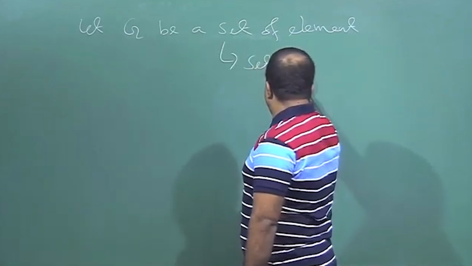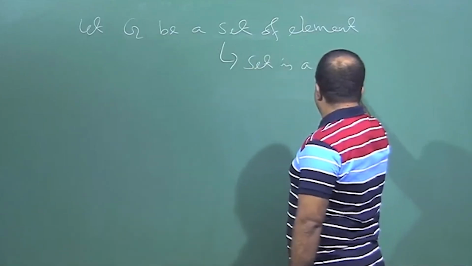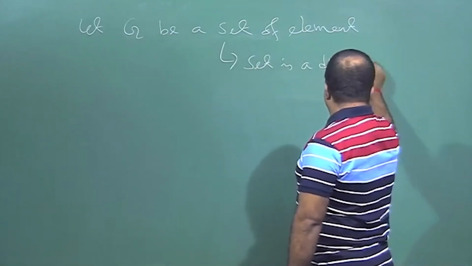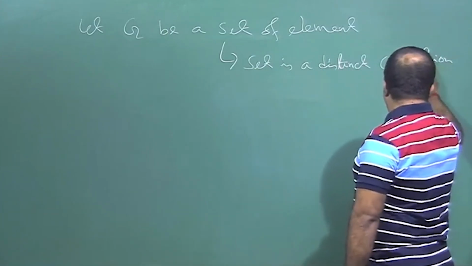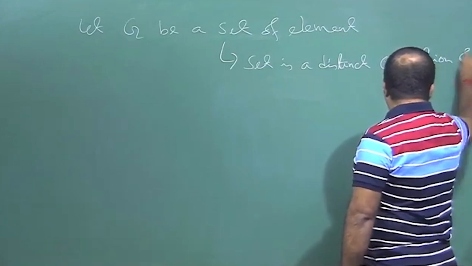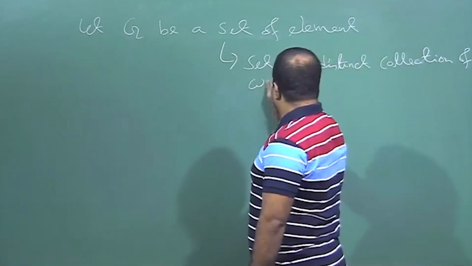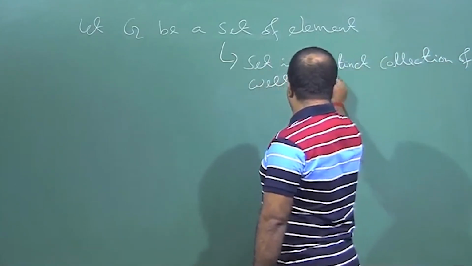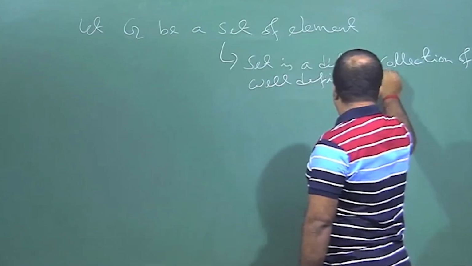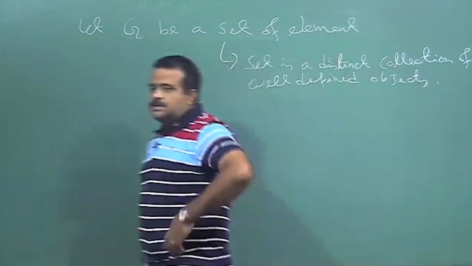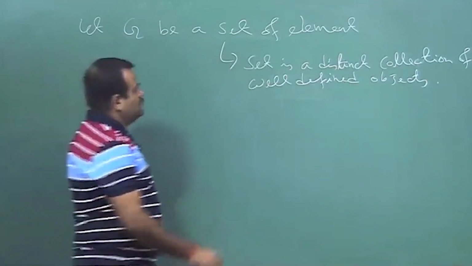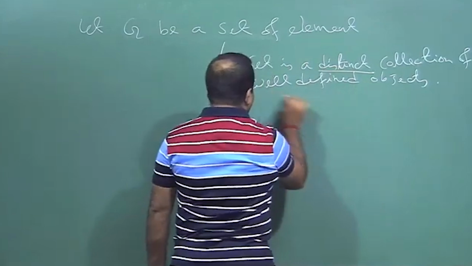Set is a distinct collection of well defined objects. So, there are two things, one is distinct and well defined.